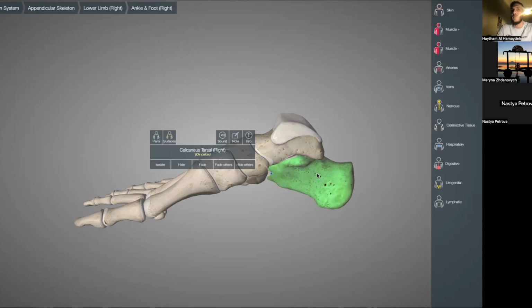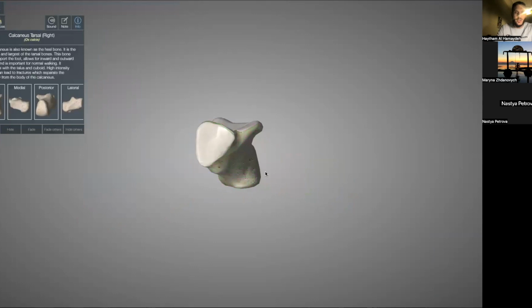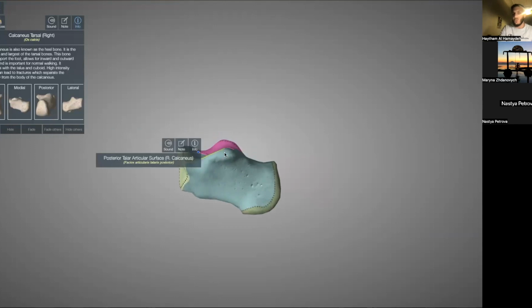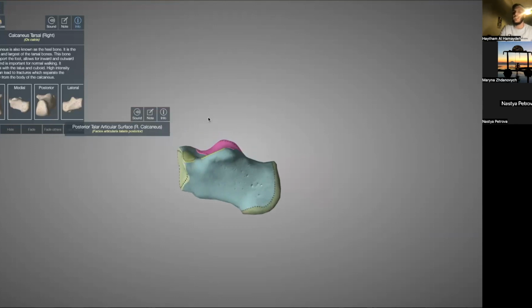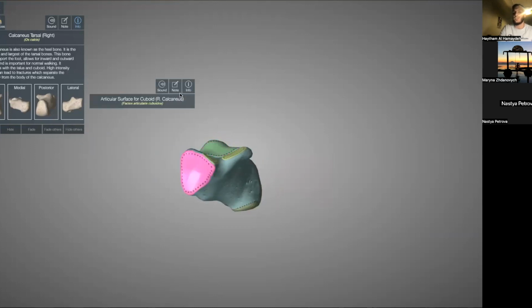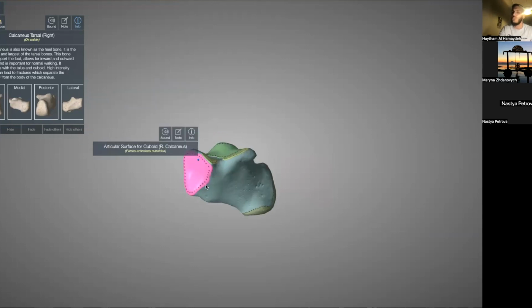Superiorly, it has three facets: the posterior talar articular surface, the middle talar articular surface, and the anterior talar articular surface, which take part in the articulation with the talus in the subtalar joint. Anteriorly, it has an anterior articular surface that takes part in the articulation with the cuboid in the calcaneocuboid joint.